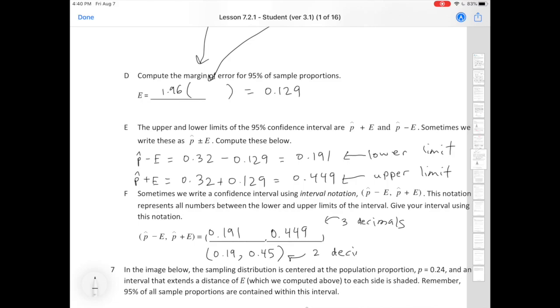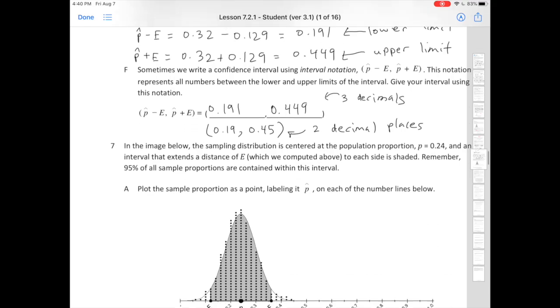So this would be 2 decimal places. Again, if the problem doesn't tell you exactly how many decimal places to use, usually using 2 or 3 is safe, okay? It's never a bad thing to use 3. It's more accurate to use more decimal places. So 3 is usually good enough.